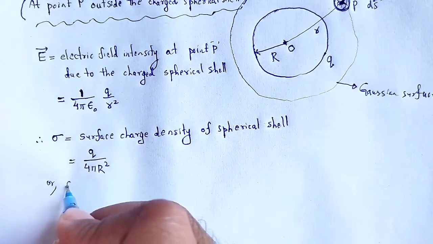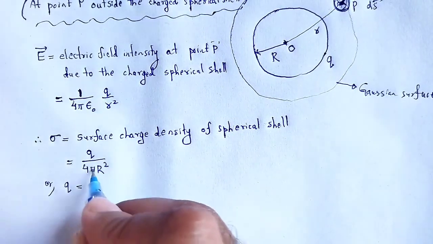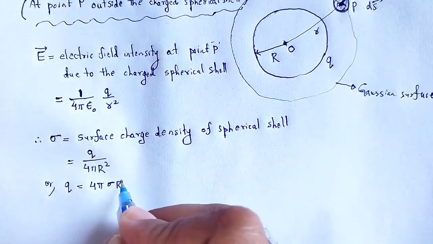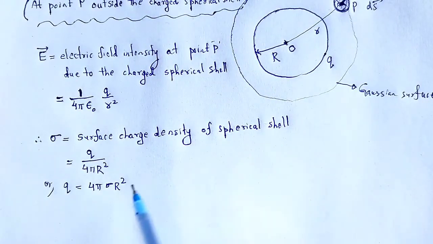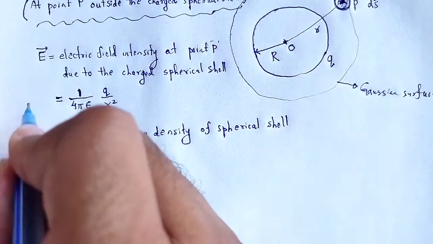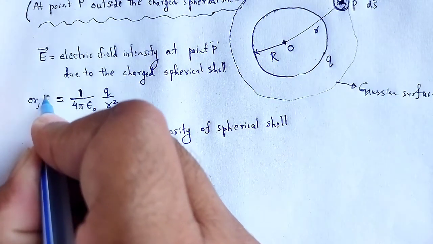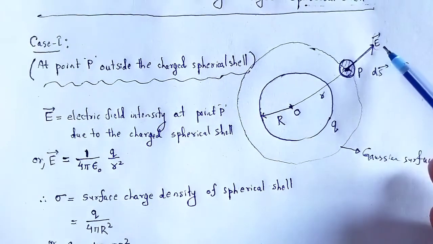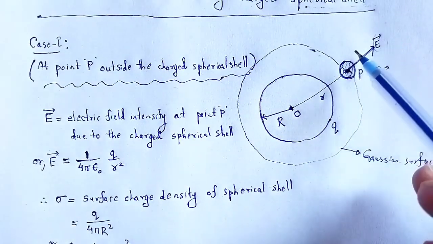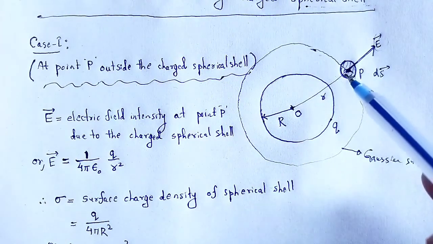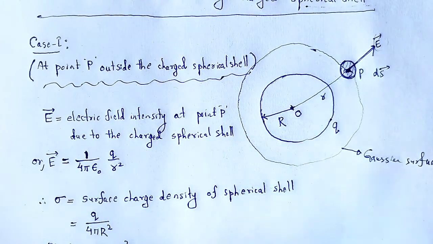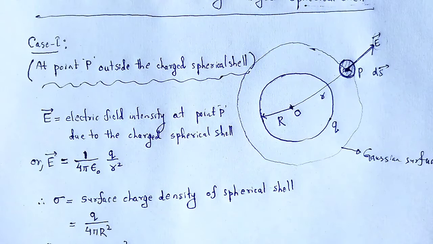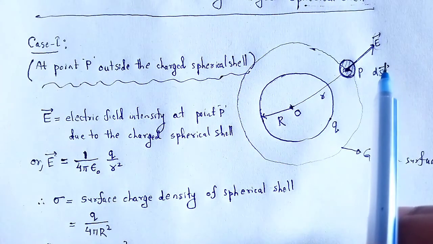Here we can get Q in terms of surface charge density, that is 4 pi sigma R square. Since the electric field intensity E vector at every point of the Gaussian surface is directed radially outward, E vector and ds vector will be parallel. Both electric field intensity and ds vector at point P will be in the same direction.